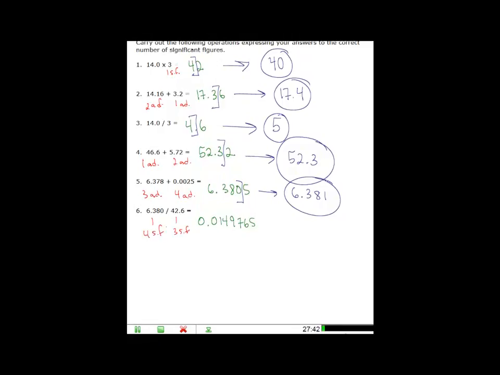So our answer can't have more than 3 sig figs, and so these zeros don't count. 1, 2, 3. So then we get 0.01. The 7 rounds the 9 up to 10. The 10 rounds the 4 up to 5. So we'd get this. Now, if you carefully look at this answer, it only has 2 sig figs. It needs to be expressed to 3 sig figs. So we need to add a 0.